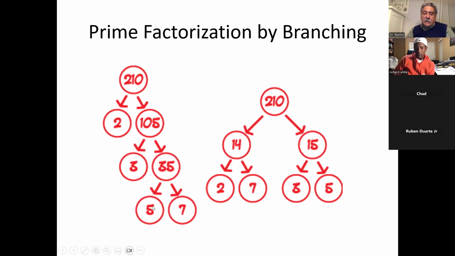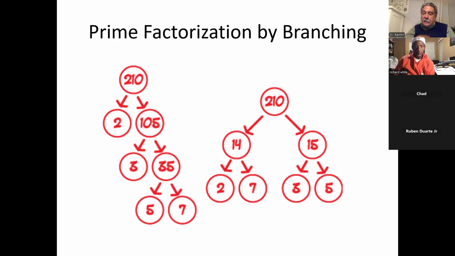You have 2, 7, 5, and 3 here. This is called a factorization tree. You branch it down all the way till you get all the prime numbers.